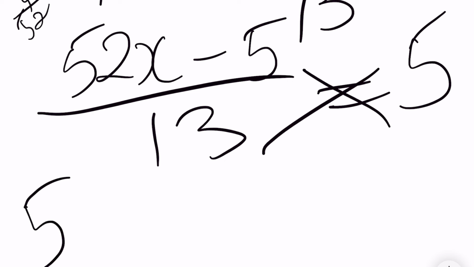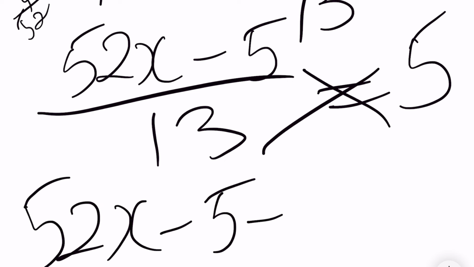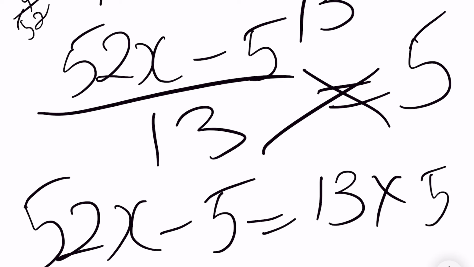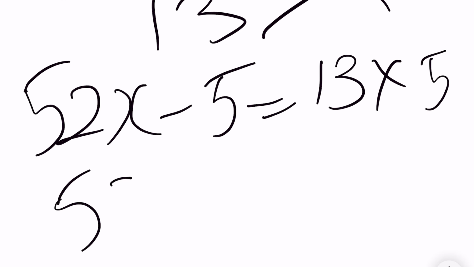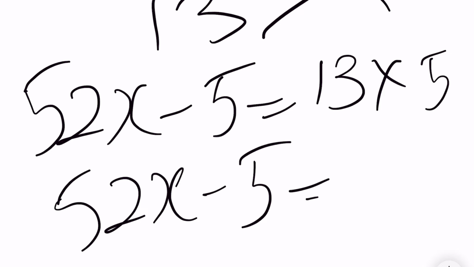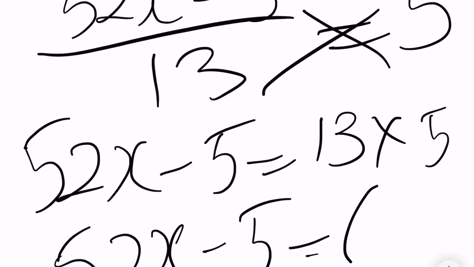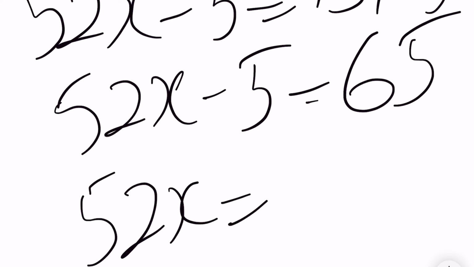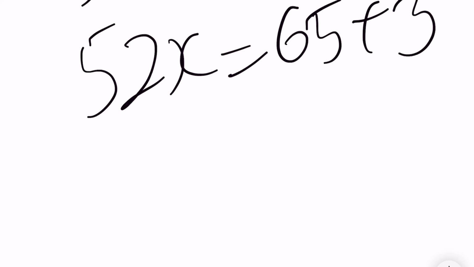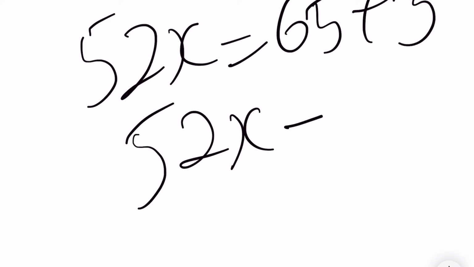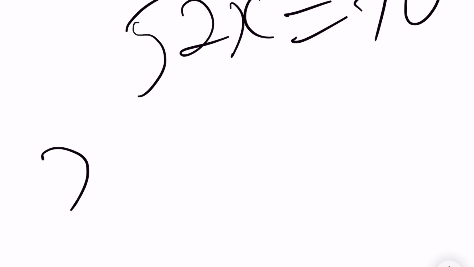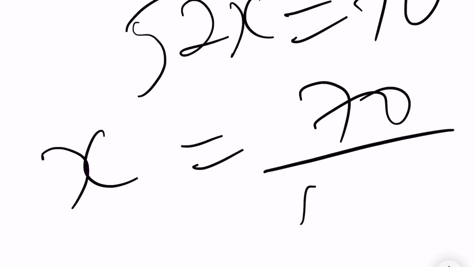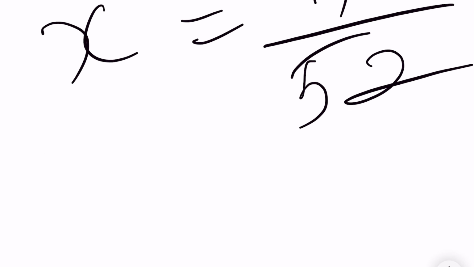So we cross multiply. So we have 52x minus 5 equals 13 times 5. So here we can have it to be 52x minus 5 equals 65. So we have 52x equals 65 plus 5. We have 52x equals 70. So we have our x to be 70 over 52. We have our x to be 1 whole number 18 over 52.